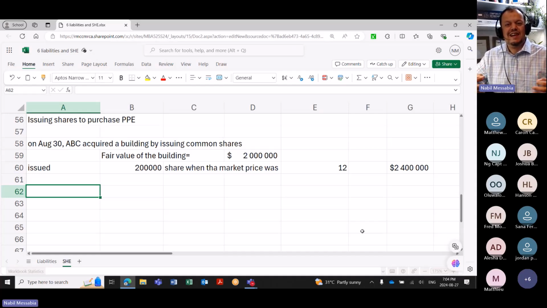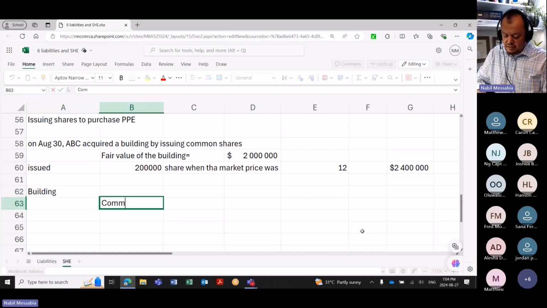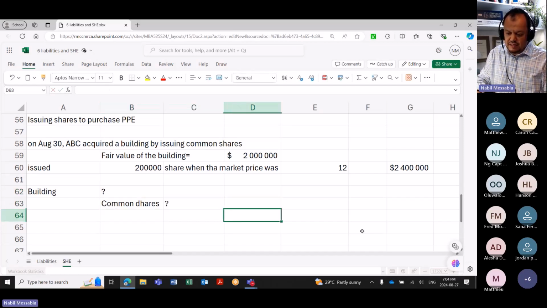This is the rule. So okay, before we go to the rule, what is the question? What is the problem? The problem is I have to debit building, we said. Debit building, and I have credit common shares, right? For what? 2 million or 2.4 million? That is the question, okay? This is the issue. The answer to the issue is this rule.